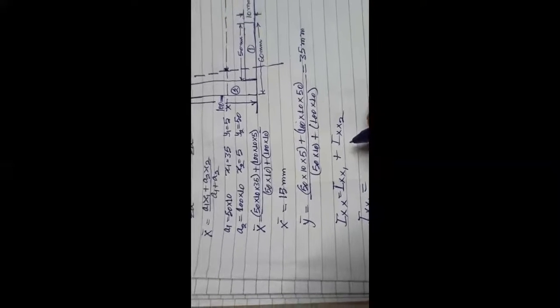So now this Ixx1 will be equal to moment of inertia of rectangle 1 about XX by applying parallel axis theorem. So this will be equal to BD cube upon 12 plus area into Y bar minus Y1 whole square.